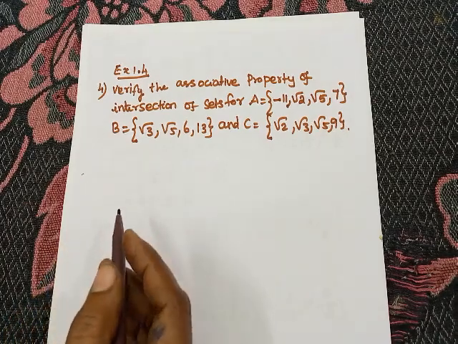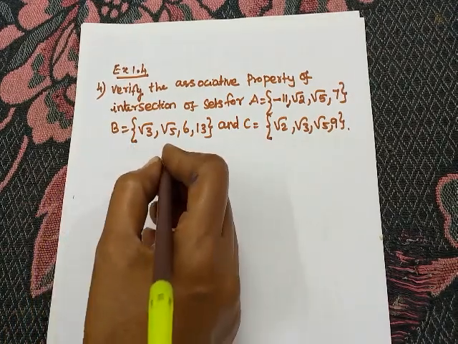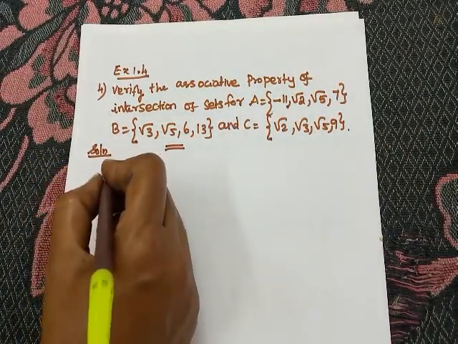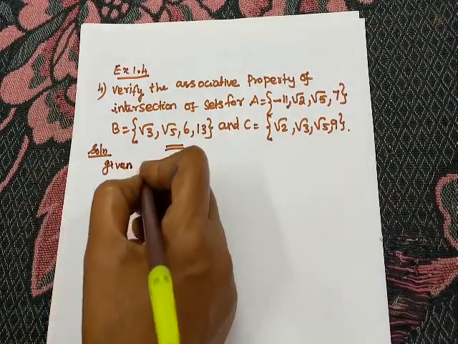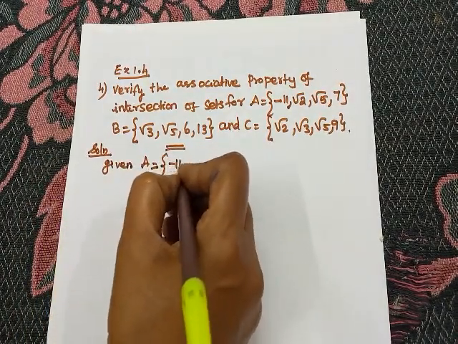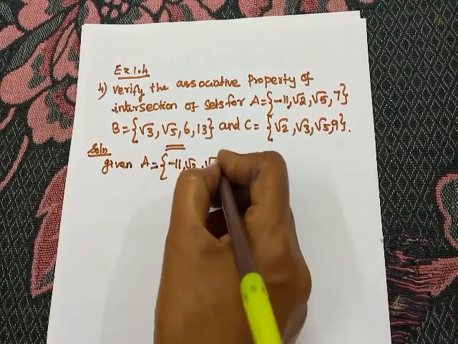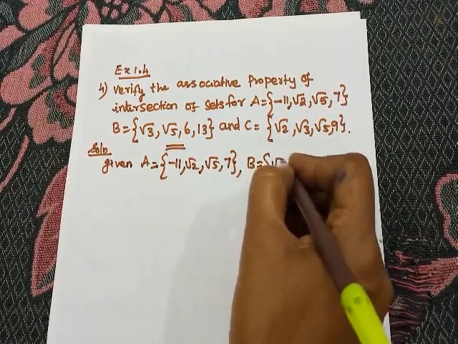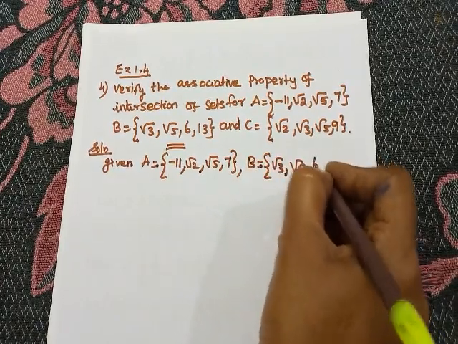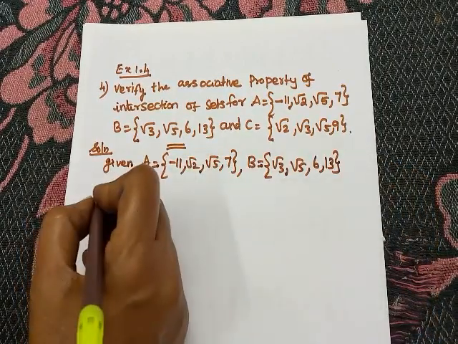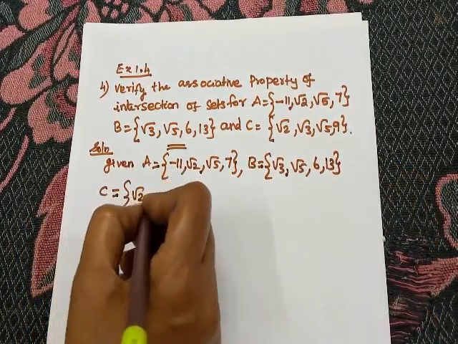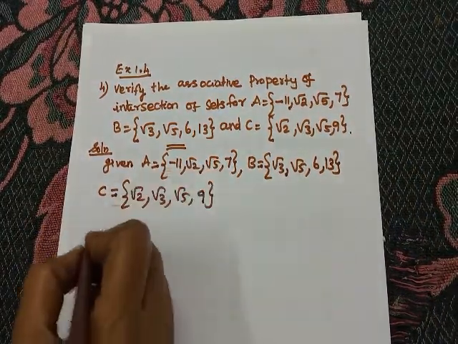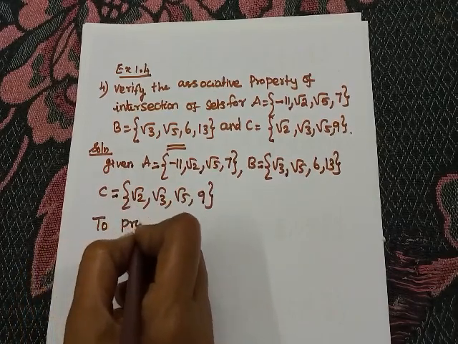Now let us write what we have to verify. Given: A = {-11, root 2, root 5, 7}, B = {root 3, root 5, 6, 13} and C = {root 2, root 3, root 5, 9}.